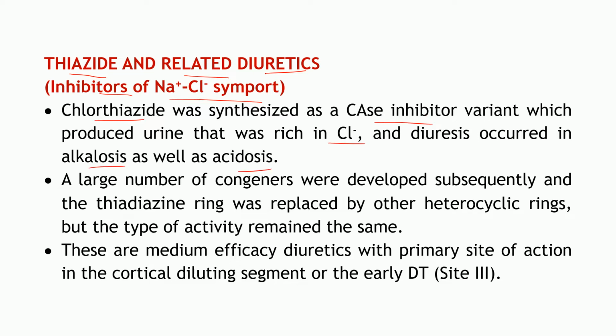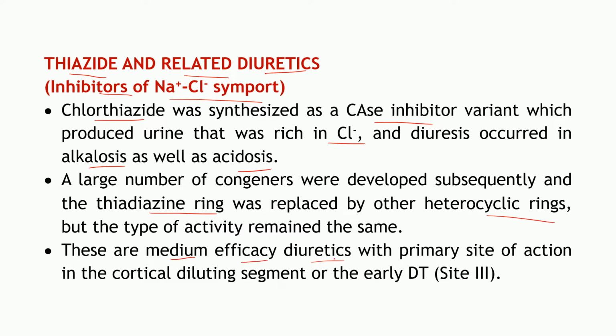Later on, a lot of agents were introduced by replacing the thiadiazine ring with other heterocyclic rings. So activity did not change, the mechanism did not change, but other improved agents were introduced to this particular class. Now these agents are only the medium efficacy diuretics, right?